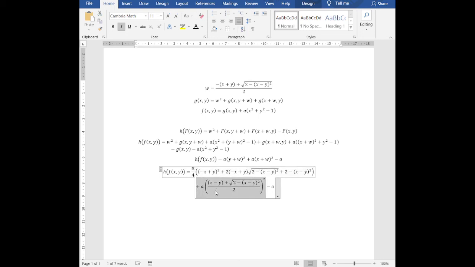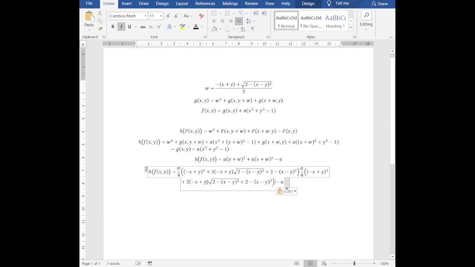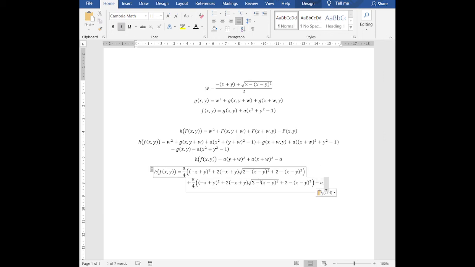I'm going to swap every occurrence of X and Y. Well, this one, it doesn't matter if I swap, because, well, I'll do it. Y, X, Y, X, Y, and X. Okay.